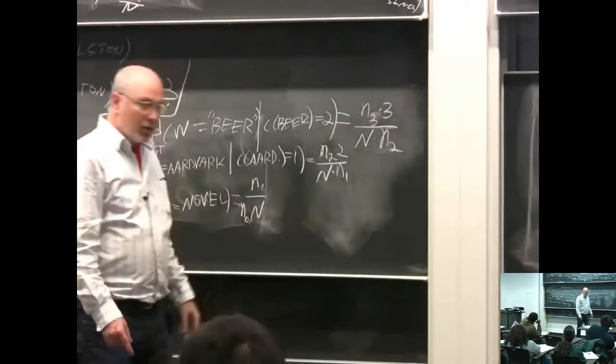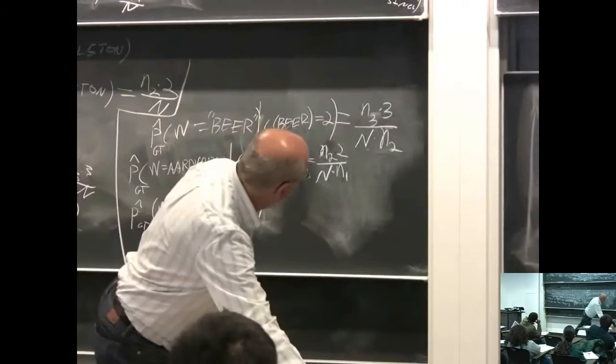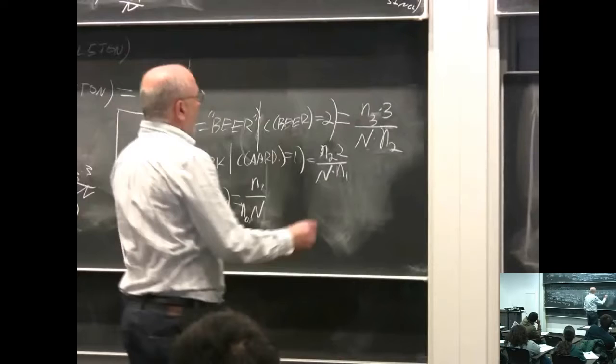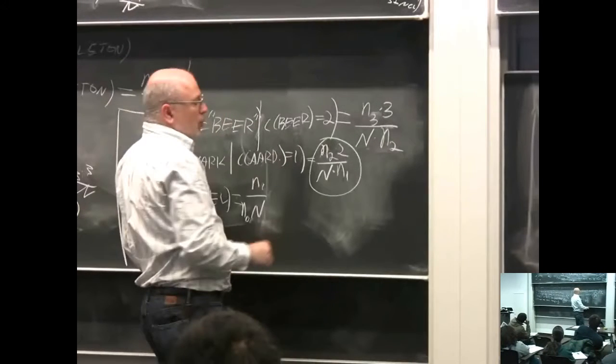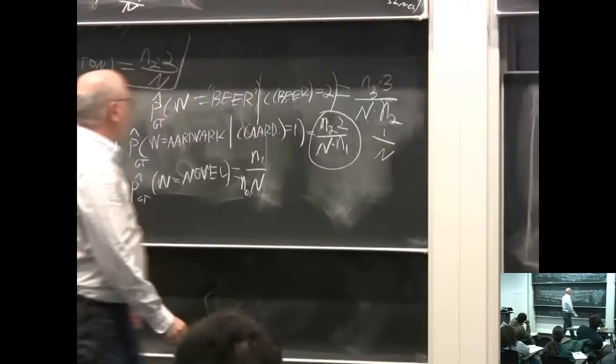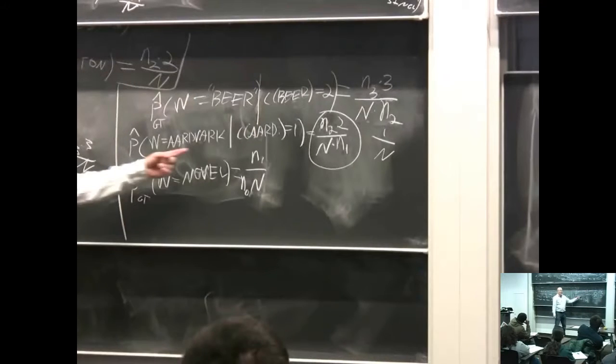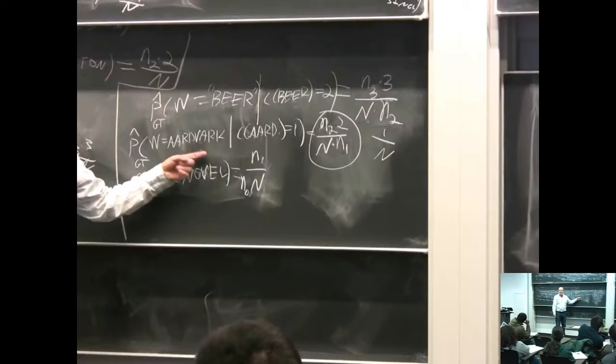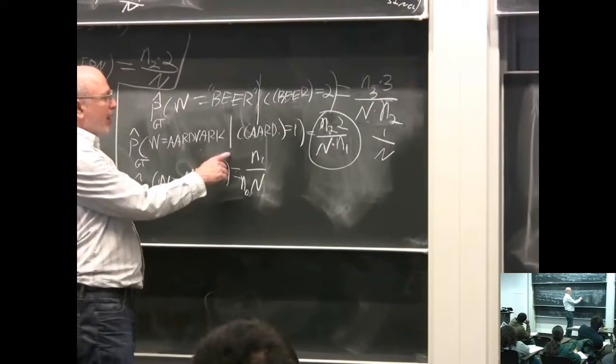Right? So that's a good thing that you brought up. Compare this to the maximum likelihood estimate. The maximum likelihood estimate would be 1 over n. This is the probability of the next word being a particular word that was seen once before.